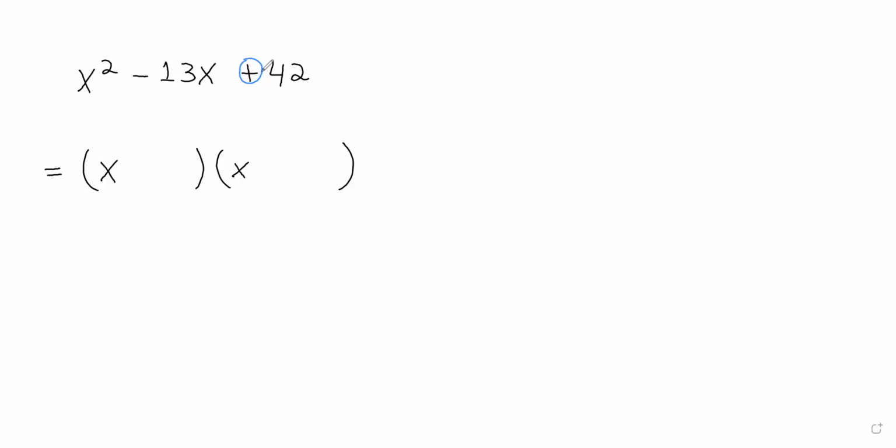The sign of my constant, a numerical value with no x attached: if it's positive, I can multiply a positive times a positive to give me a 42. Or to get this positive constant, I can multiply a negative times a negative. That also gives me a positive.